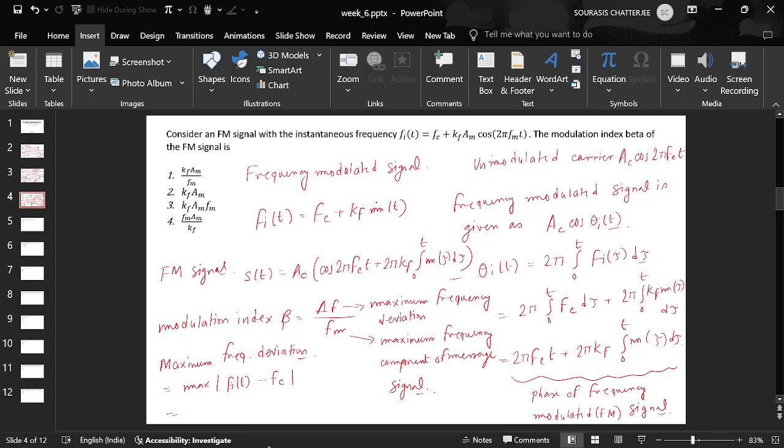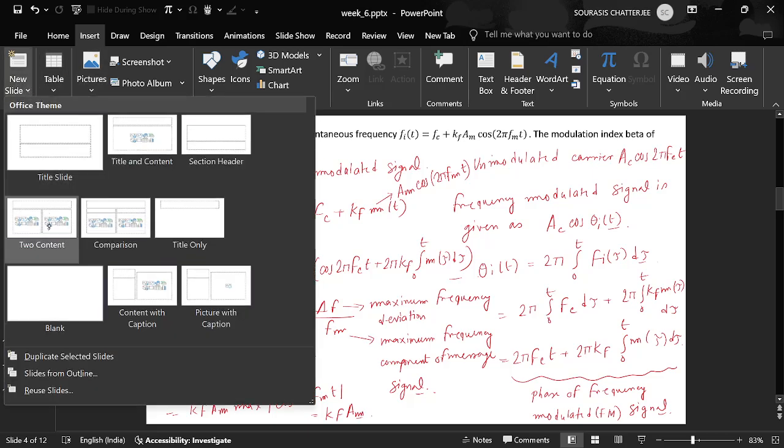And m(t) here is given as Am cos 2 pi fm t, that is another sinusoid. So all you need to do here, you have kf Am max of cos 2 pi fm t. This maximum value is 1, so we have maximum frequency deviation as kf Am.